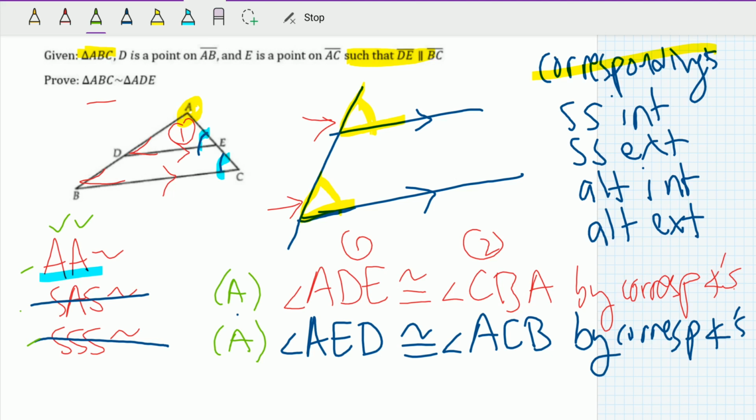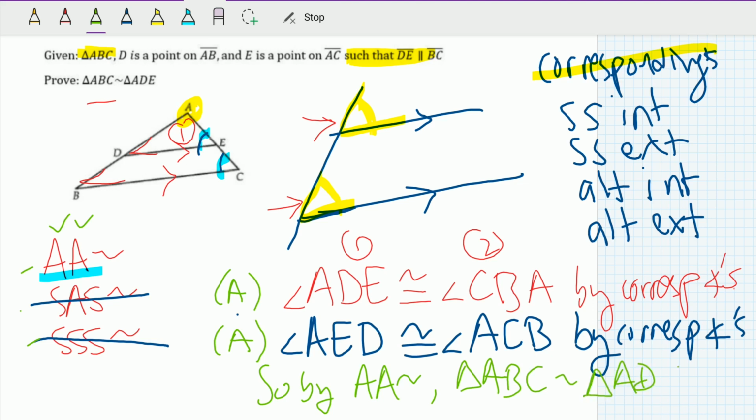So by AA similarity, we can say that triangle ABC is similar to triangle ADE. Now I know some of you are saying the one on the left has always been the one, but it doesn't really matter. You're nitpicking now, and I'm not going to be super nitpicky, but there you go.